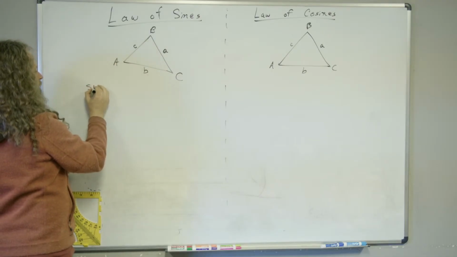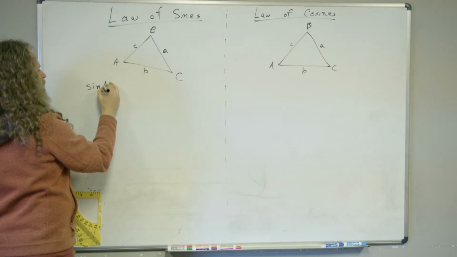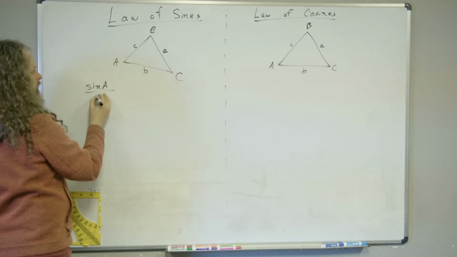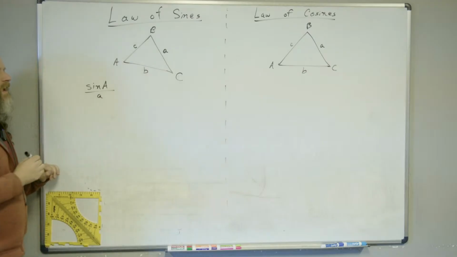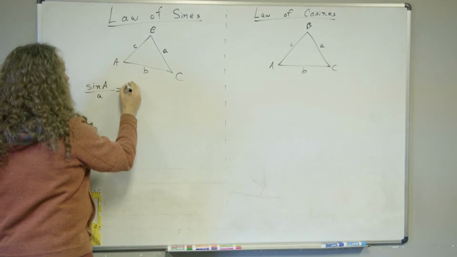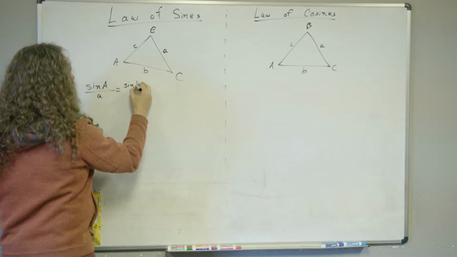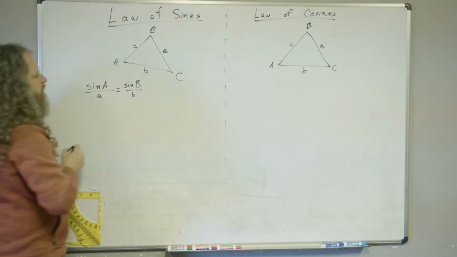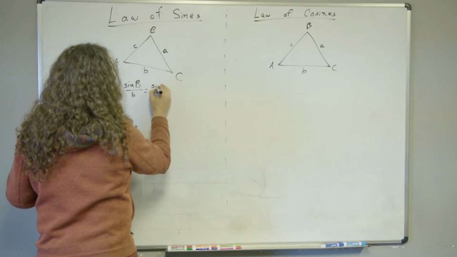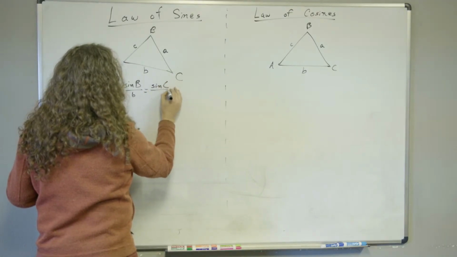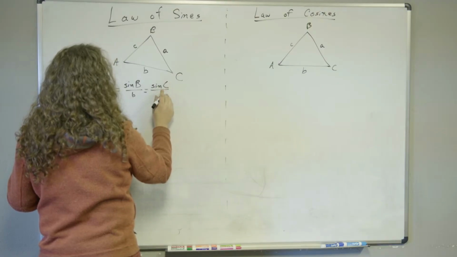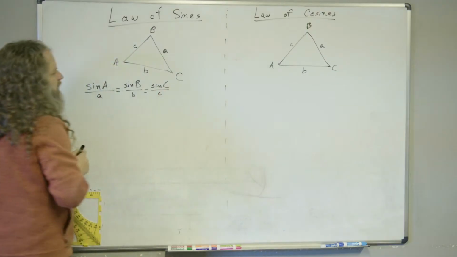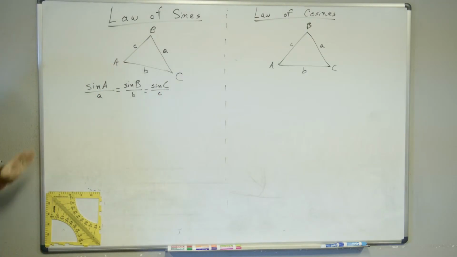So the sine of A over side A equals the sine of B over side B, and it equals the sine of C over side C. Those are all equal, so they're proportional, basically, right?